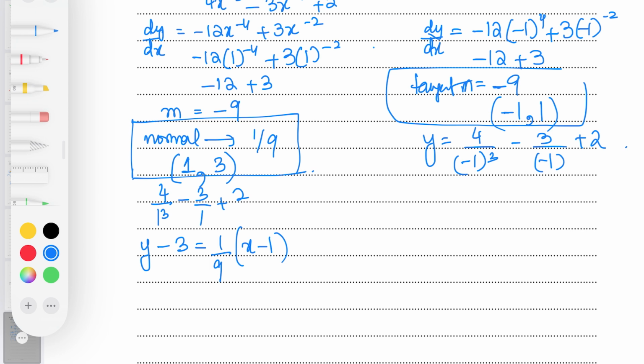This is the normal equation, this is the tangent equation. Okay, now the next thing is we need to find out where it meets the y-axis. Where it meets the y-axis. Y-axis means 0, comma y.